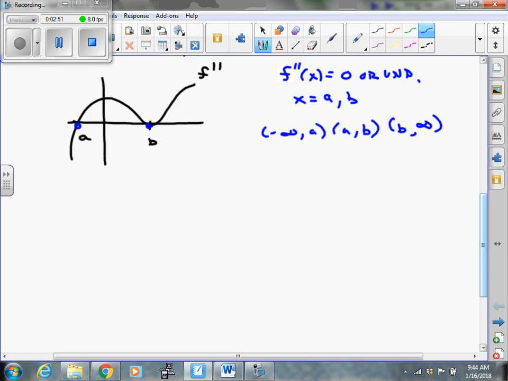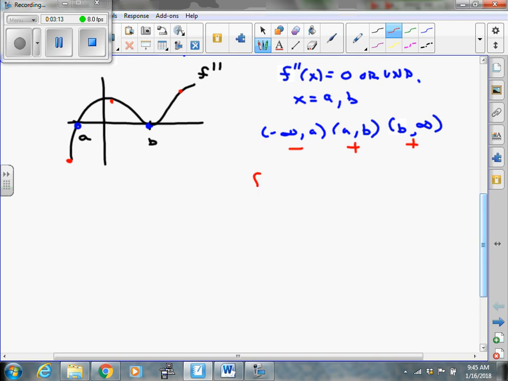If I pick a value between negative infinity and A, I have a value that's negative. Between A and B, I have a positive, and between B and infinity, like up here, I have a positive value.